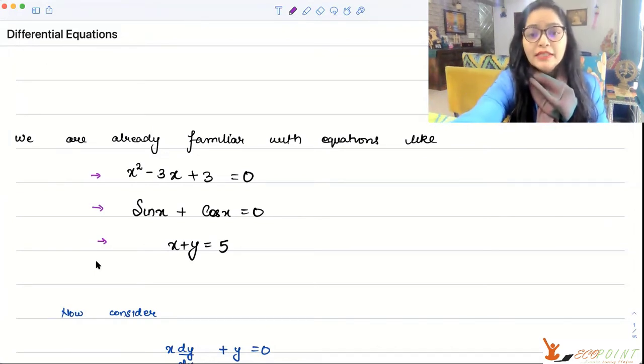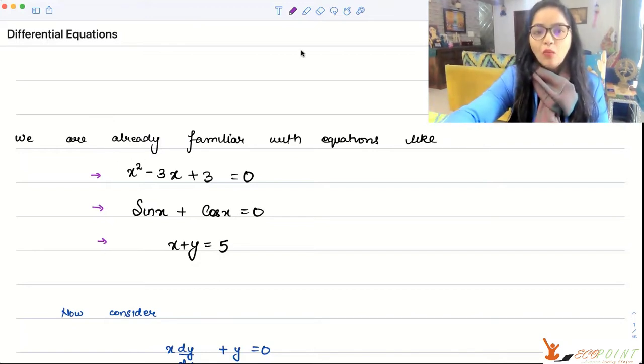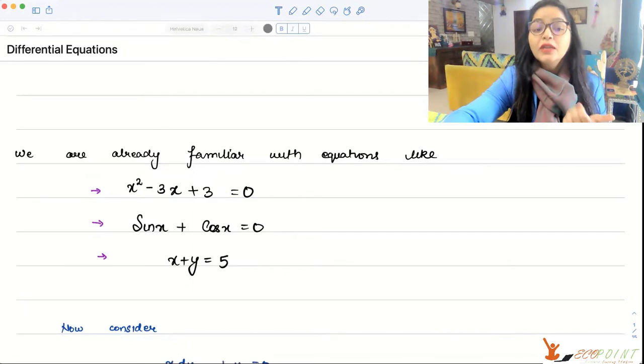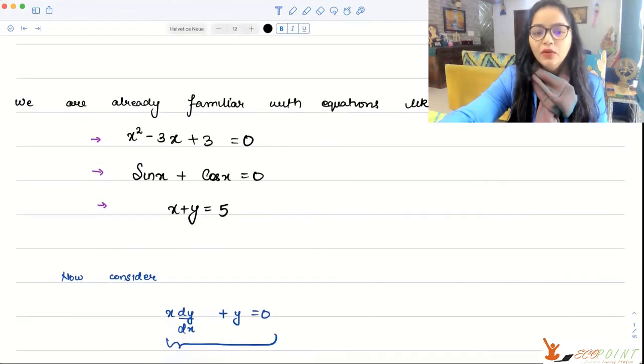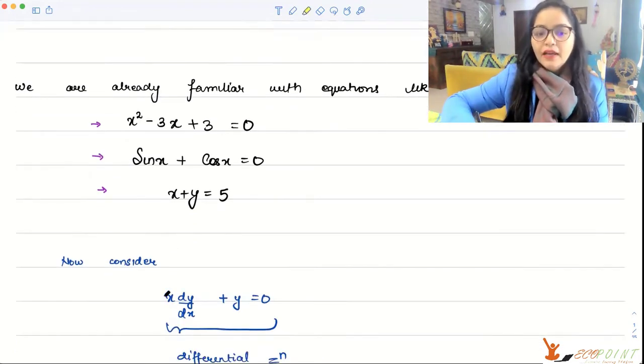Now, if you see in some sort of equation, somewhere derivatives are coming into the picture. So for example, if I may give you x dy by dx plus y equals to 0.